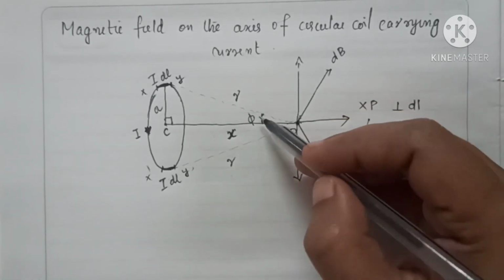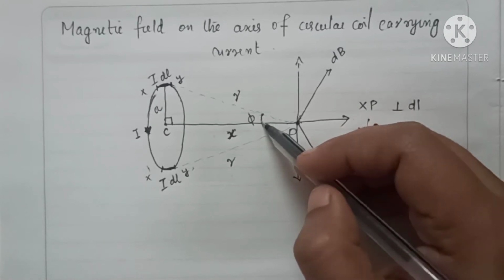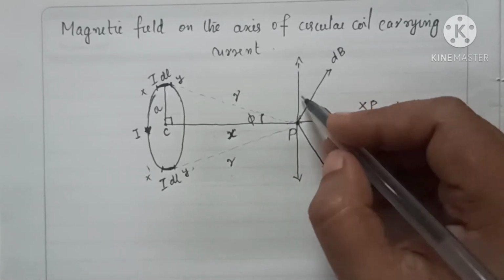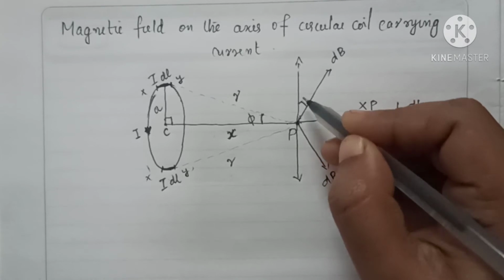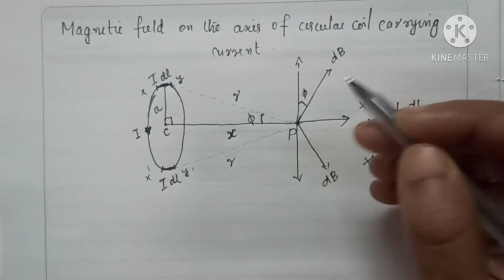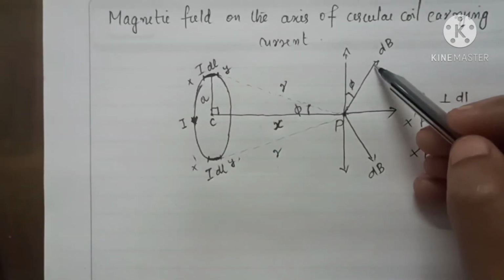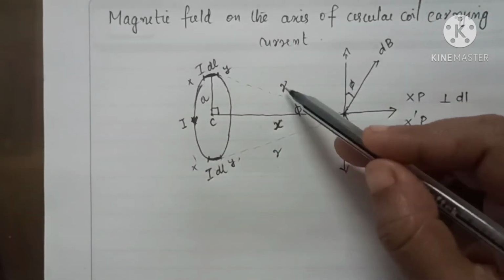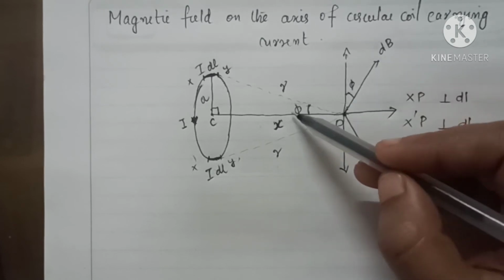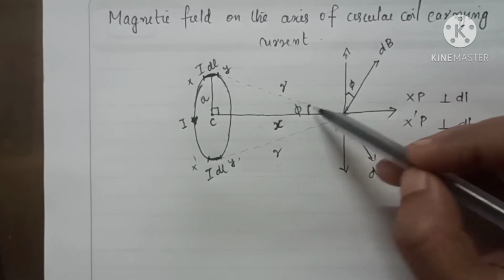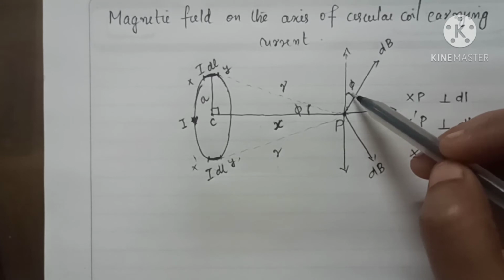Now this is angle phi. If this is angle phi, this is also phi, clear. So dB is perpendicular to this point, similarly this one is perpendicular to this point. So if this is phi, this is also phi, clear.